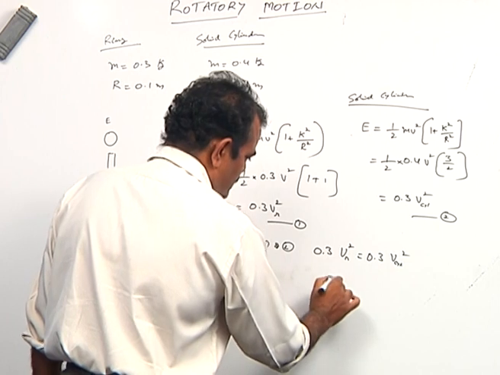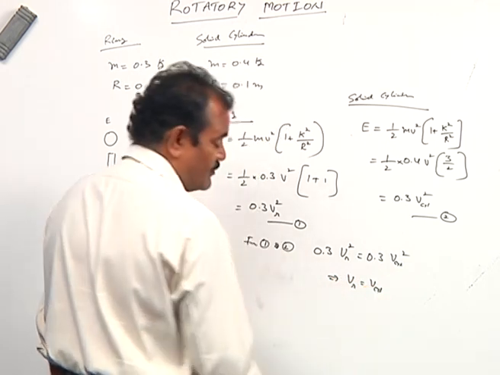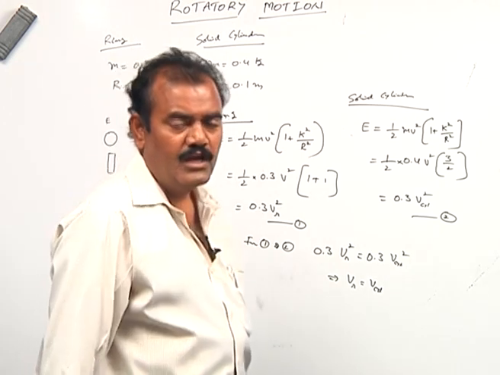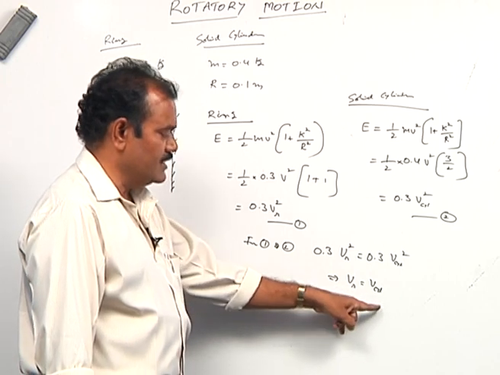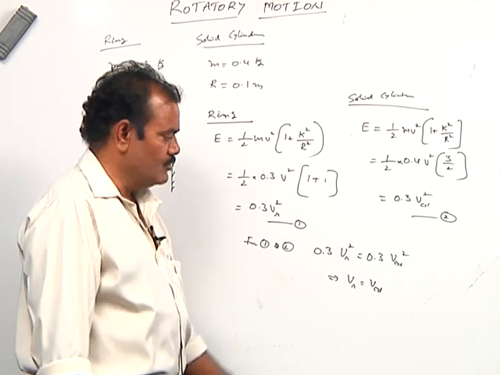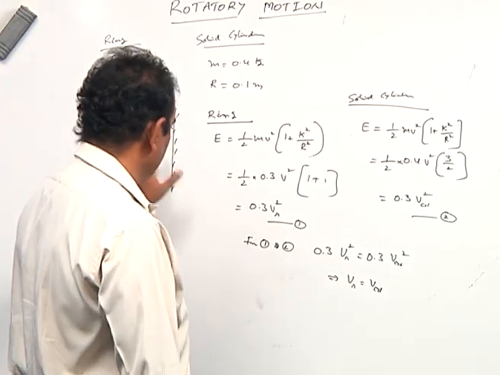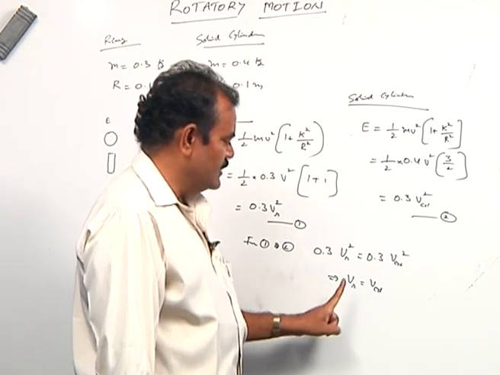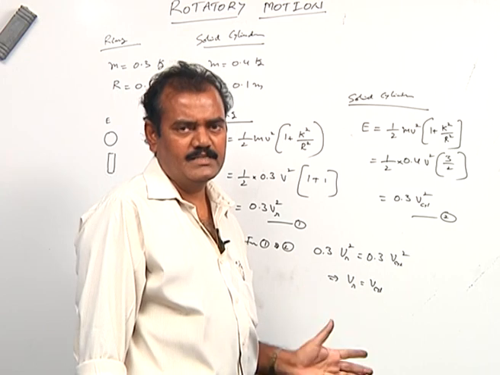Its meaning is V ring is equal to V cylinder, that is, their final velocities on reaching the wall are the same. Because of that, they reach the wall simultaneously. So there is no question of reaching first. So the rolling ring and the cylinder reach the wall simultaneously.